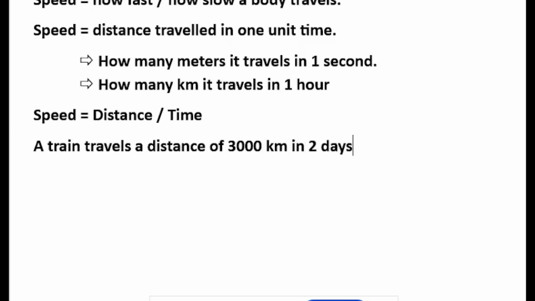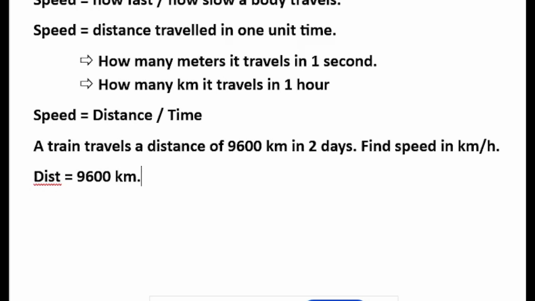Or let us say 9,600 kilometers in 2 days. Find speed in kilometer per hour. Right? So distance will be 9600 kilometers and time will be, now 2 days, I want kilometers per hour.